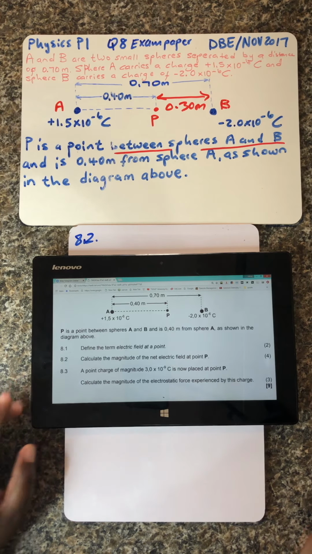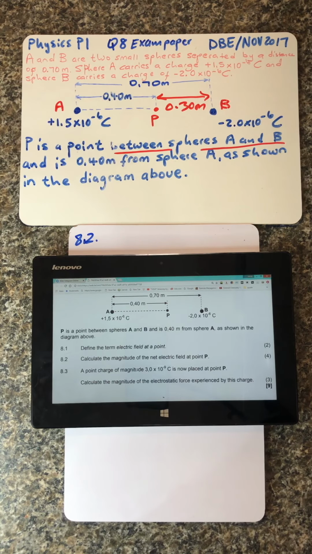Guys, the question says calculate the magnitude. Remember, the word magnitude refers to the value. So calculate the value or the size of the net electric field at point P.